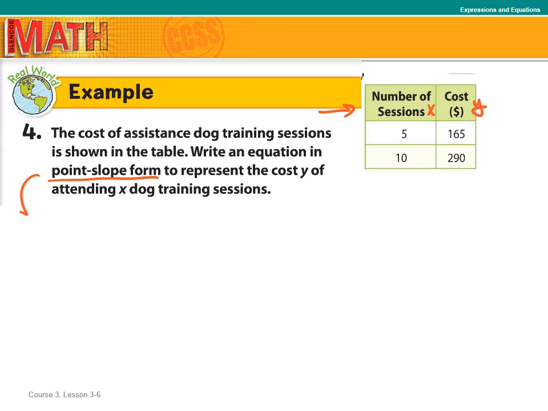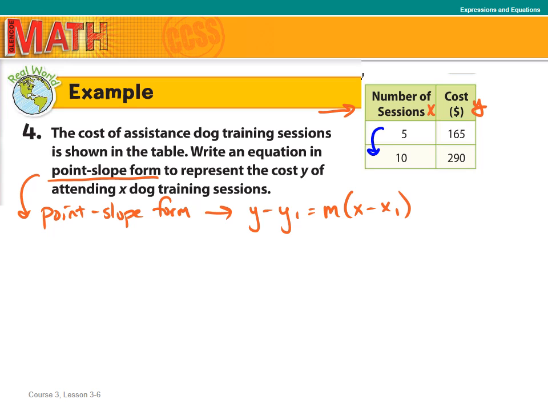So let's start off by writing down our point slope form. As you recall, y minus y1 is equal to m times x minus x1. M represents our slope. So we need to find out what our slope is. Based on the information given, we can do what we learned in lesson 1, which is to find the rate of change.